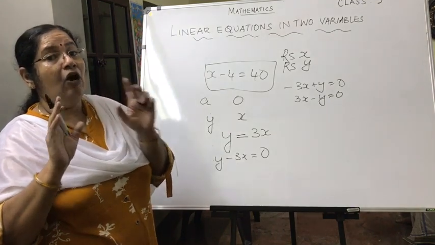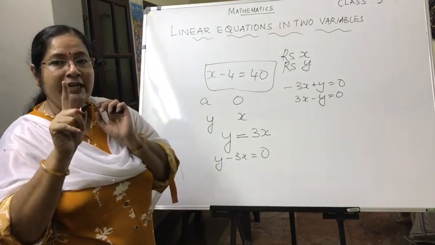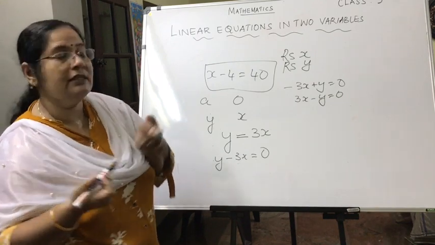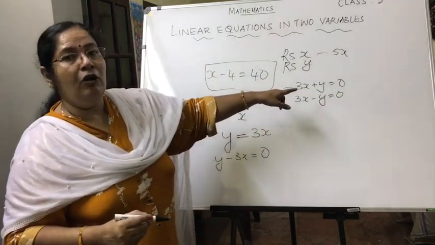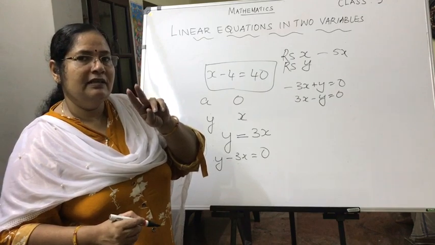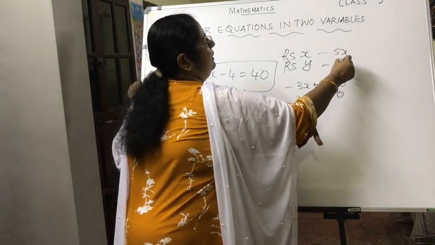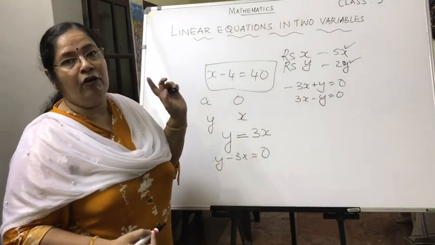How many kg apples are we buying? 5 kg. 1 kg costs X rupees, so for 5 kg, the cost is 5X. Now 1 kg oranges cost Y rupees. What is the cost of 2 kg oranges? 2Y. So you have got the value for 5 kg apples as well as 2 kg oranges.